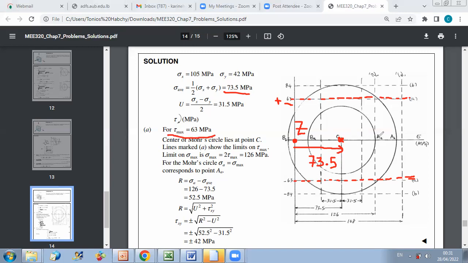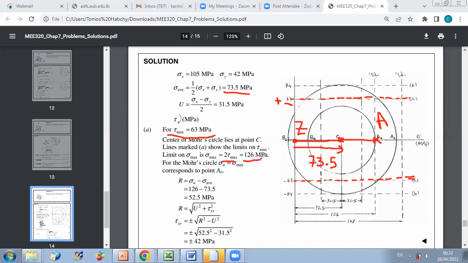Then the limiting point, A, will be anyway, that circle AZ will be the circle of maximum shear stress. And in this case, I can say that sigma maximum, which should be equal to 2 times tau max, should be equal to 126 megapascal.